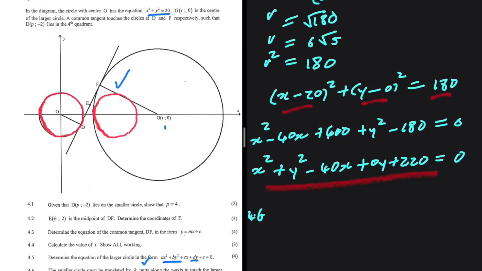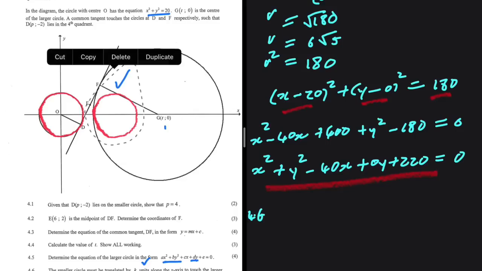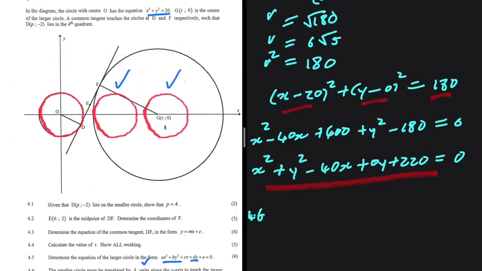That's what we mean. But that is not the only possible scenario. Let me show you the other one. I duplicate it, and when they touch like that, that is another possible scenario where our condition is satisfied. They are touching internally. So this is option 1 and this is option 2.